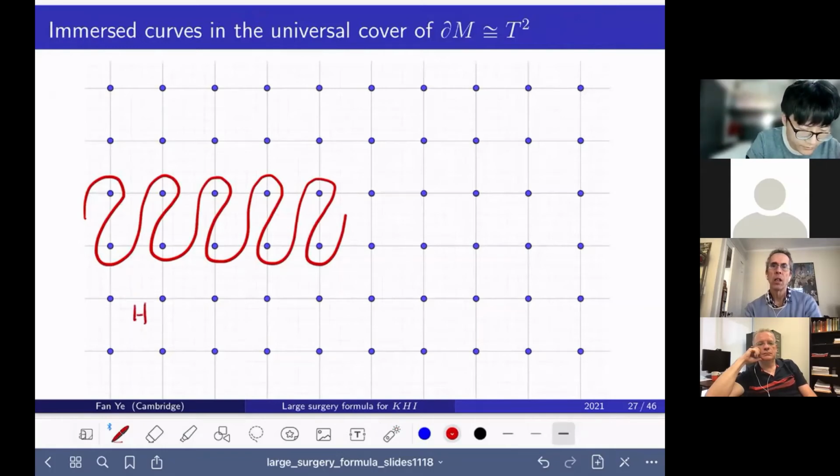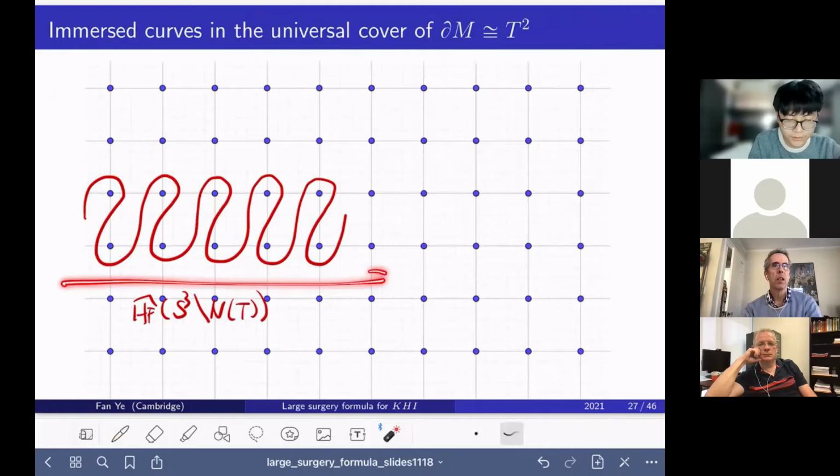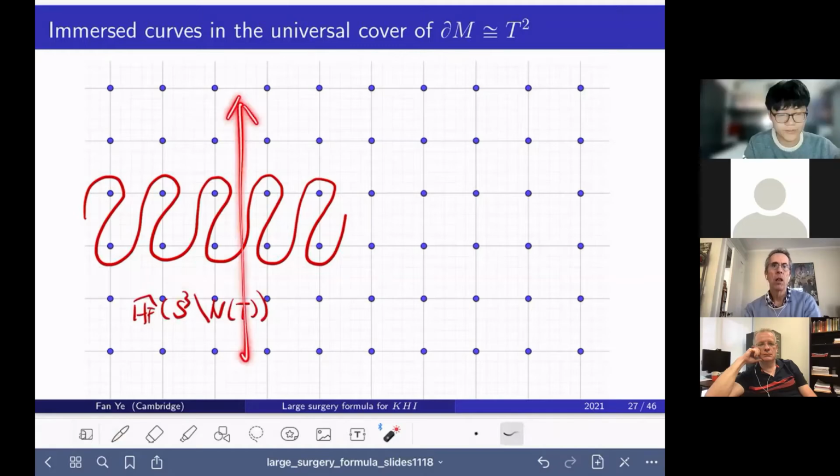This is HF hat of S3 minus the trivial knot, and usually it is cyclic in the horizontal direction, and it is bounded in the vertical direction.